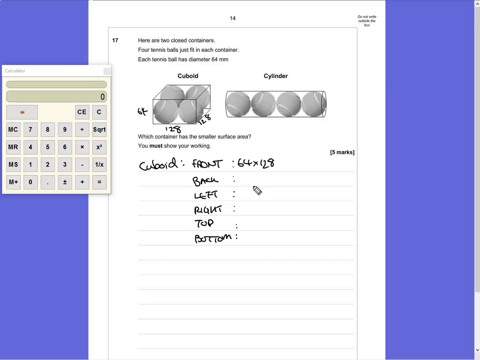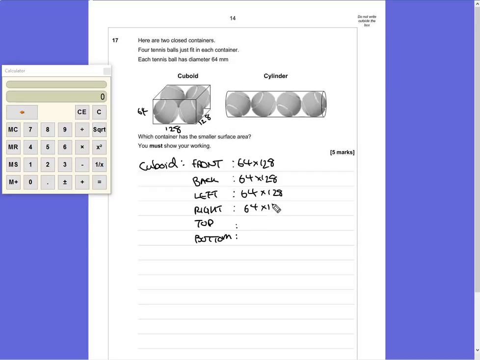In a cuboid, the front and back are identical, so this would also be 64 multiplied by 128. To find the left and right hand side, it's also going to be 64, because it's 64 tall, multiplied by that 128 depth. So this will also give us the same calculation of 64 multiplied by 128.